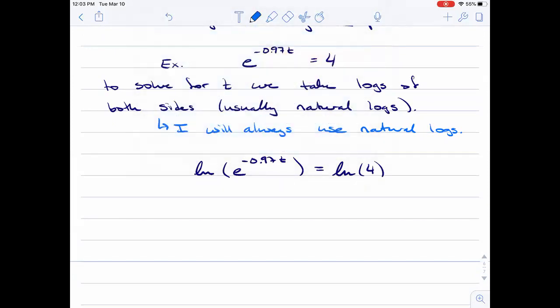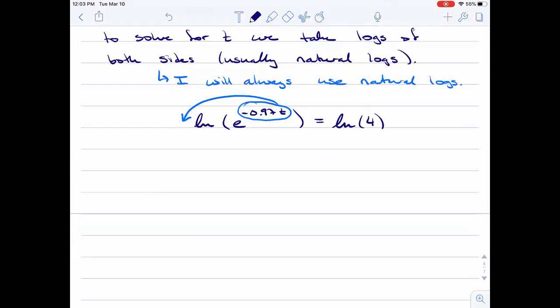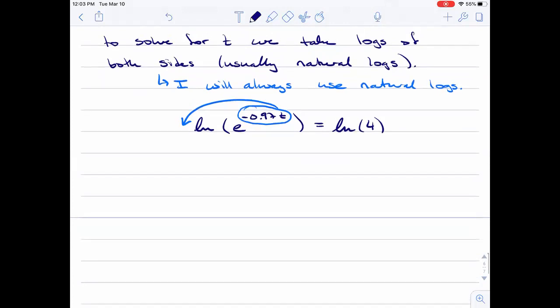What's important is that this t actually goes down in front, and that's how the whole negative 0.97t can go out front. The whole power goes out front, and then it's just a 1. It would be negative 0.97t times 1. I'm still going to write it in this step, but if you skip straight to ignoring the 1, that's fine.